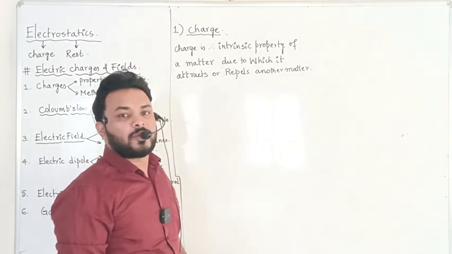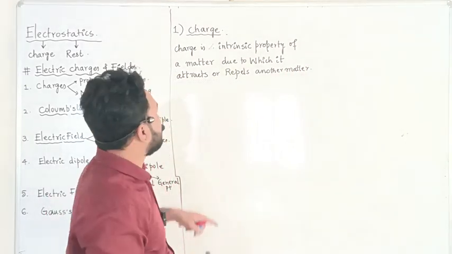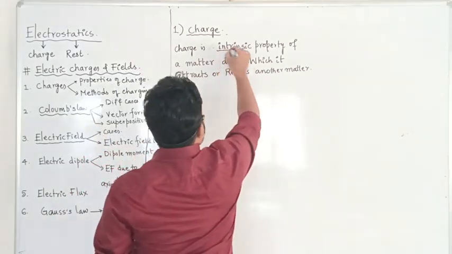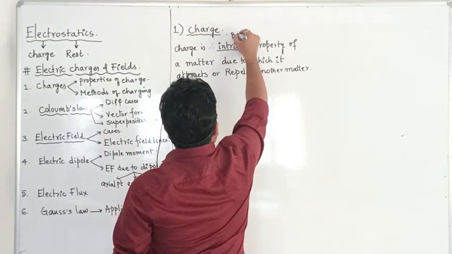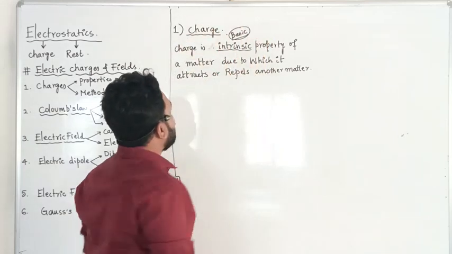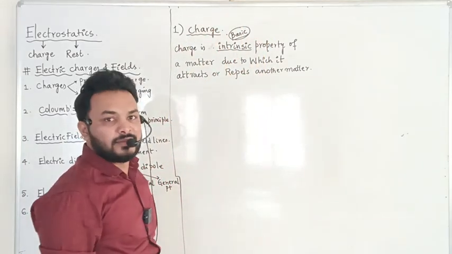Charge is an intrinsic property of a matter due to which it attracts or repels another matter. This is the basic definition of a charge. What do you mean by intrinsic? Intrinsic means basic. It is a basic property of a matter due to which it attracts or repels another matter.